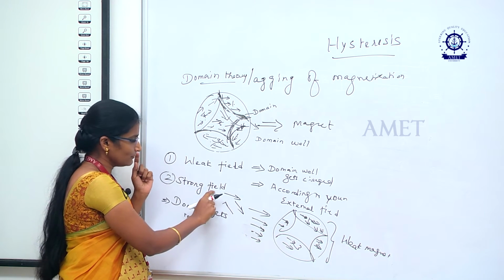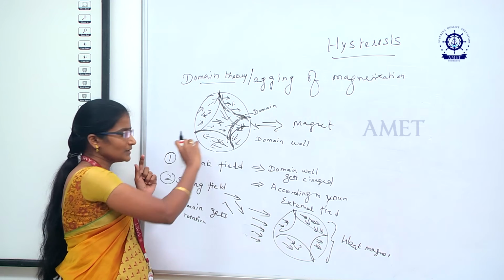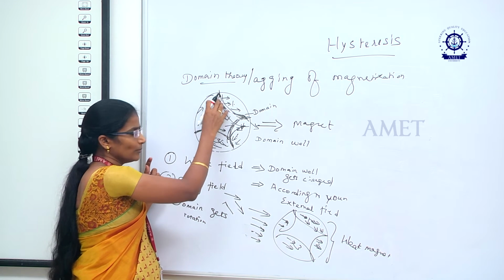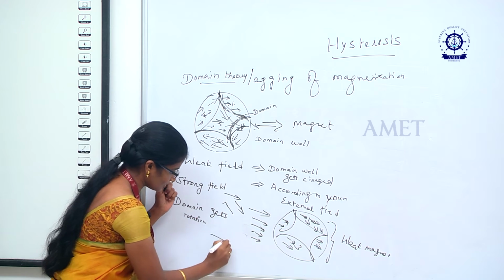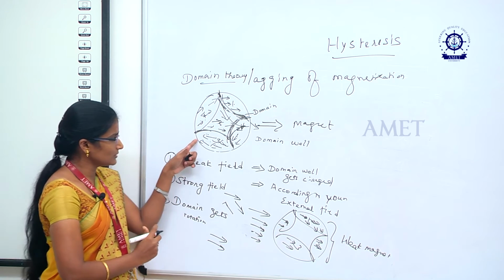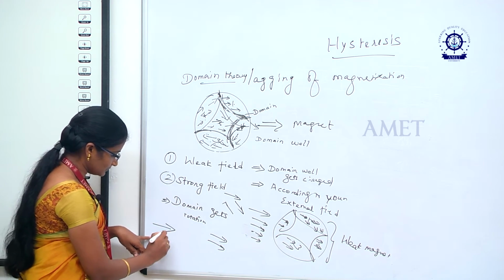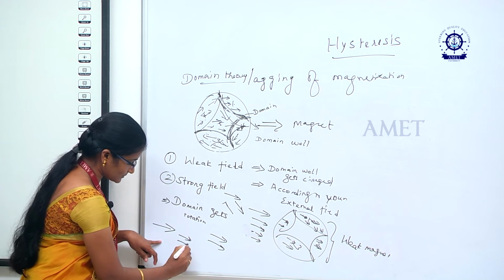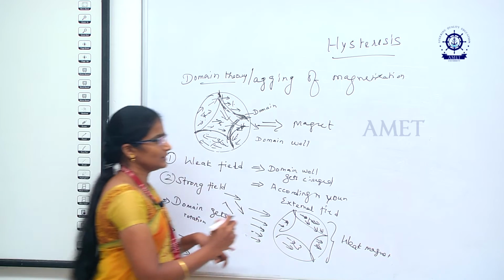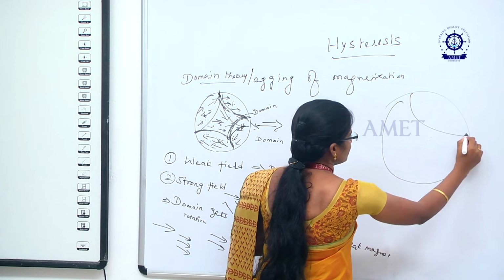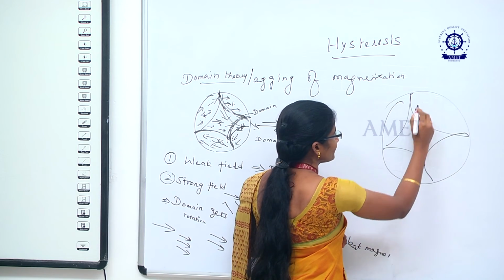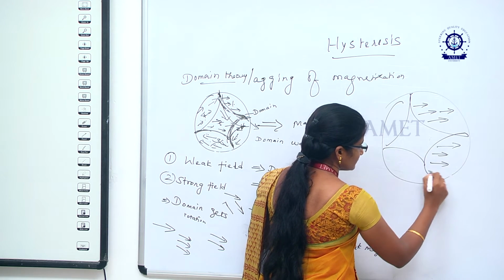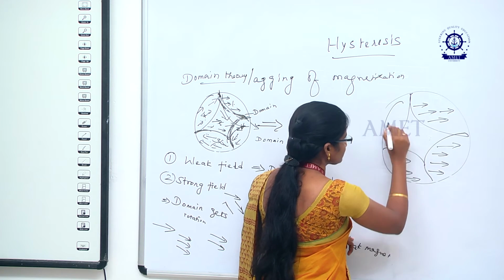At the time of the strong field, the domain rotates, and all the spins in the domain change their direction according to your field. Suppose we give the field in this direction, then all the spins in each domain have their direction according to your field.